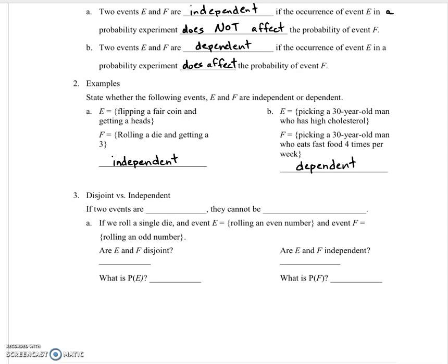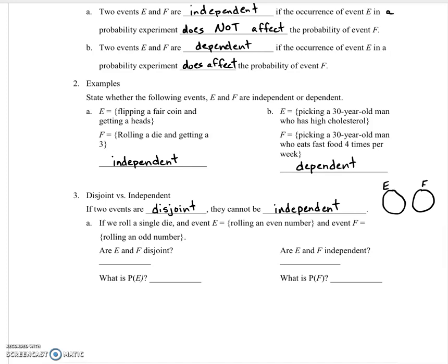So what's the difference between disjoint and independent? Well, first of all, if two events are disjoint, they cannot be independent. Remember, if they're disjoint, the two events do not overlap.